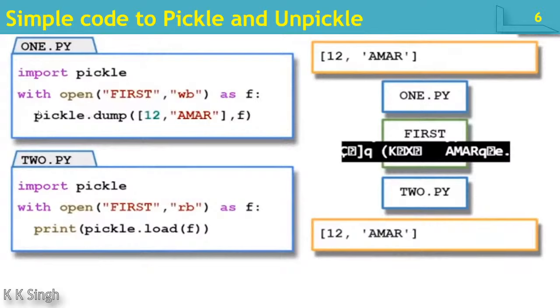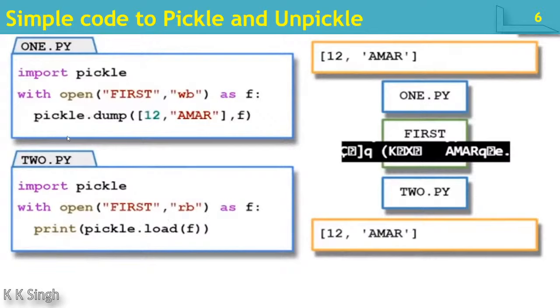Right. So the next program is 2.py. In this example, I am going to read the binary file. So in place of wb, I'll use rb, means read binary file. As f is the file object, and here I'll use pickle.load.